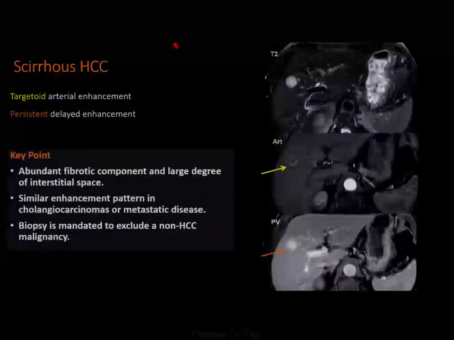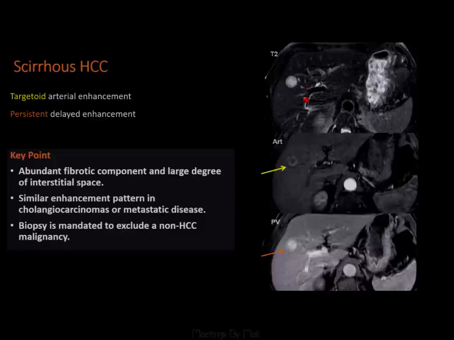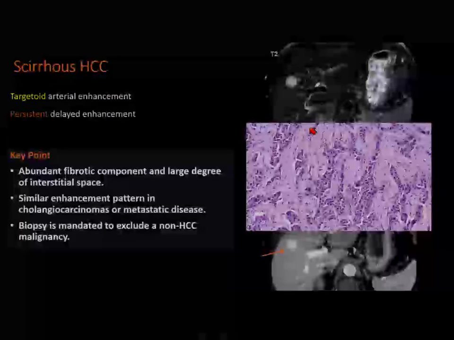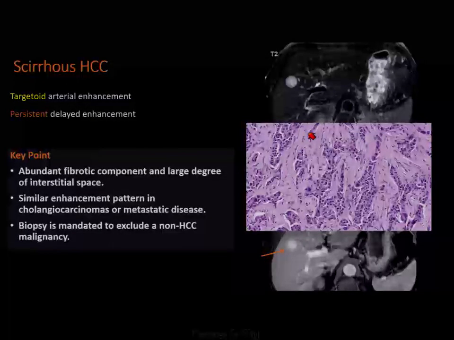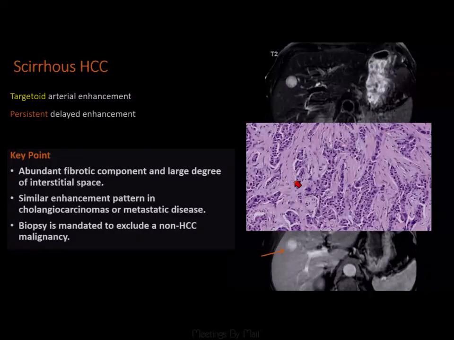Look at the other case that we had. This was a T2 bright, well-defined lesion with targetoid arterial enhancement and persistent or delayed enhancement on portovenous phase. This was called a cholangiocarcinoma. This was biopsied, and it turned out to be a scirrhous HCC, and the appearance is usually caused by abundance of the background interstitial space and fibrotic component.